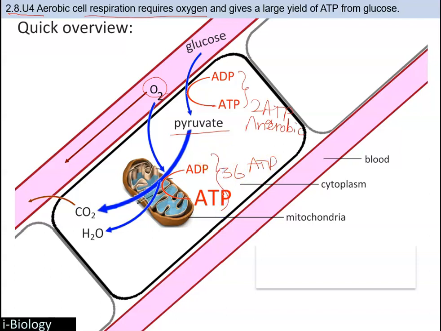You have to go back to unit 2 if you don't remember this stuff. And then the product of the respiration would be carbon dioxide, which goes back to your blood. Oxygen has been used and carbon dioxide has been produced, and the water molecules.